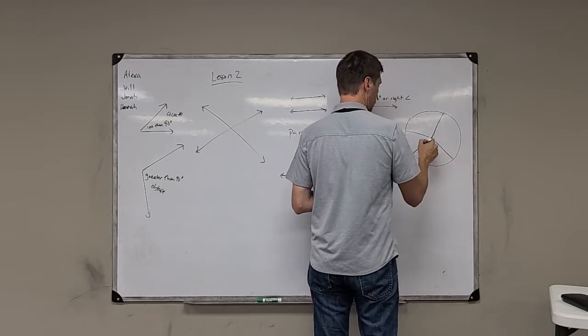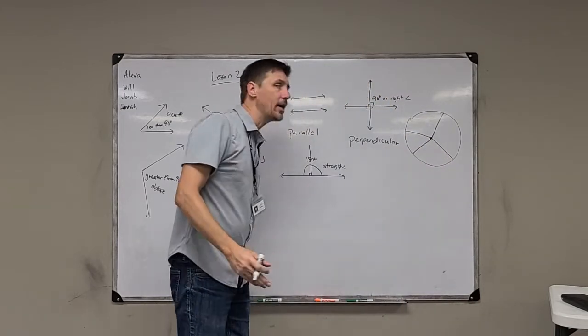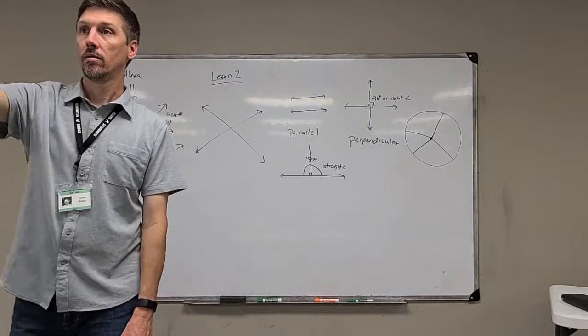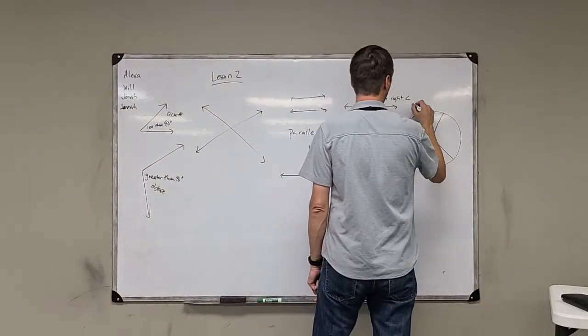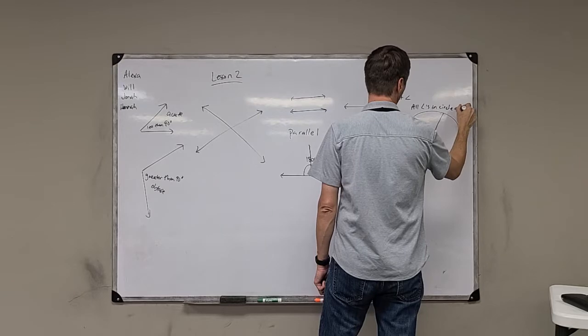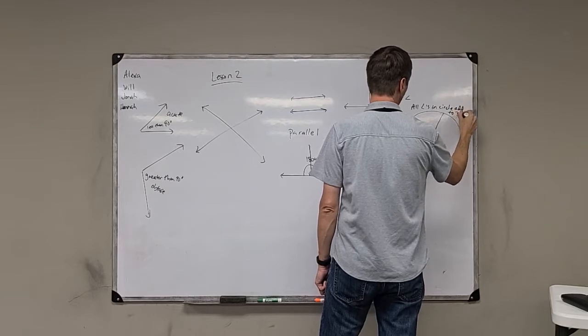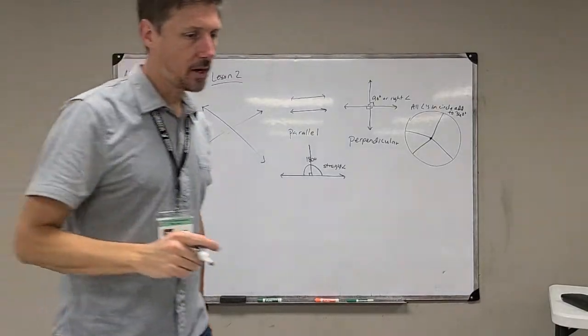So there's a bunch of different angles formed by that. 1, 2, 3, 4 angles formed all together. But if I added all those angles up, what would they equal? 360, right? So all angles in a circle add to 360 degrees.